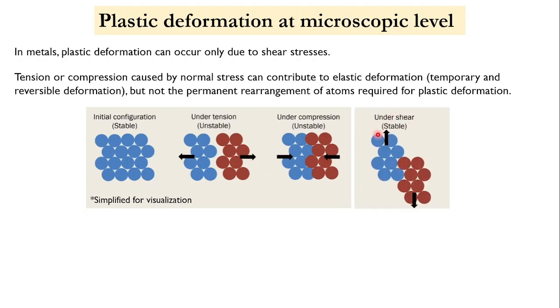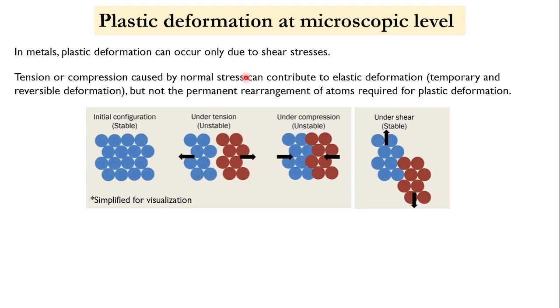I have written unstable and stable here, because this is simplified for visualization. This much gap will not be there, only between the blue and the red atoms. The gaps will be here also, and this is not stable because the atoms would like to be in the initial stable configuration, because it was initially present there without any force or energy being applied.